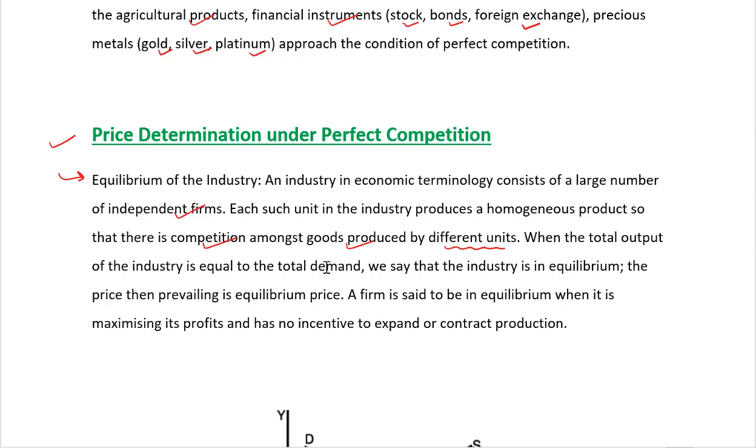When the total output of the industry is equal to the total demand, we say that the industry is in equilibrium. The price then prevailing is known as the equilibrium price. A firm is said to be in equilibrium when it is maximizing its profit and has no extra incentive to expand or contract production.